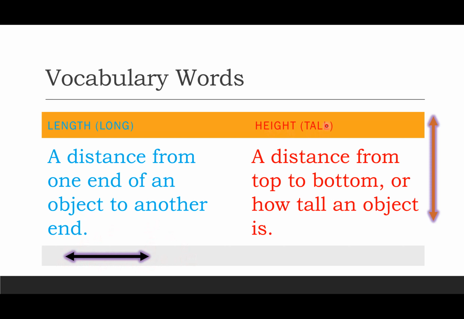Now, height means a distance from top to bottom, or how tall an object is. So this is how you measure the height, from top to bottom. Length is from one end to another end. The height is from top to bottom.